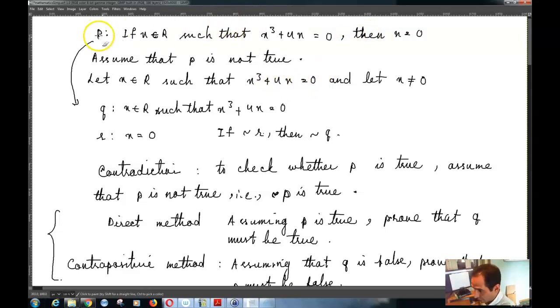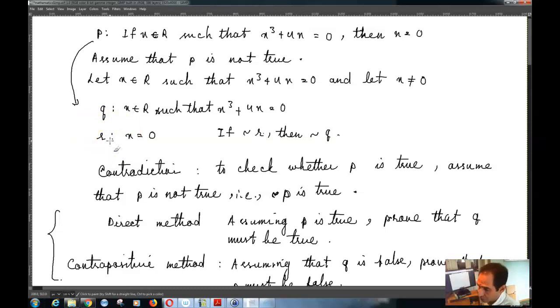So an if-then statement is a compound statement. You can break it down into two component statements, which I have written as Q and R. I have written: if x belongs to the set of real numbers such that this equation is satisfied by x, then the statement R becomes x is equal to 0.